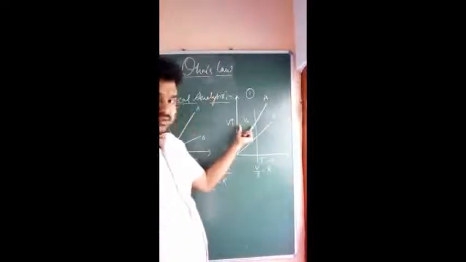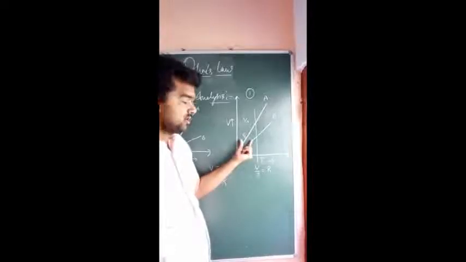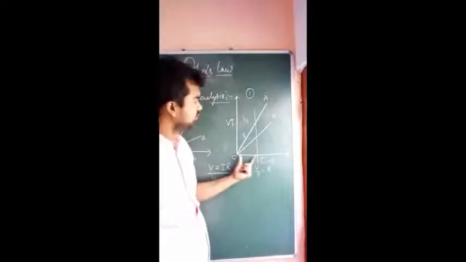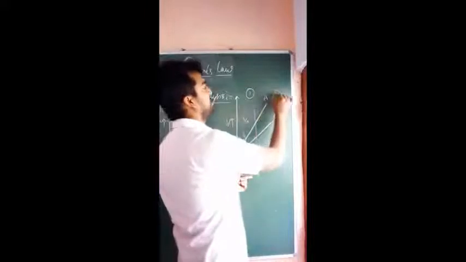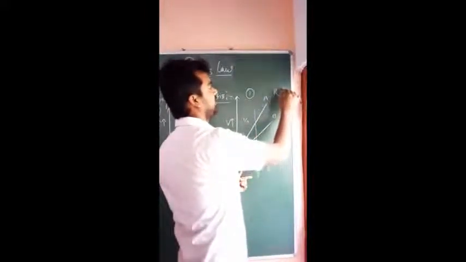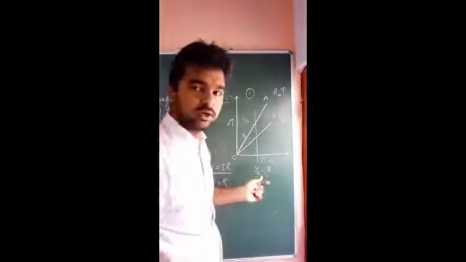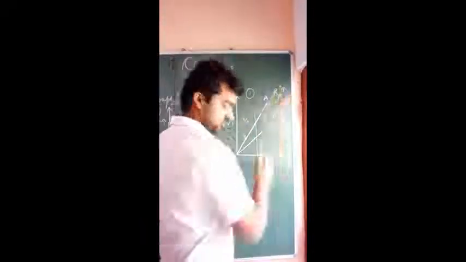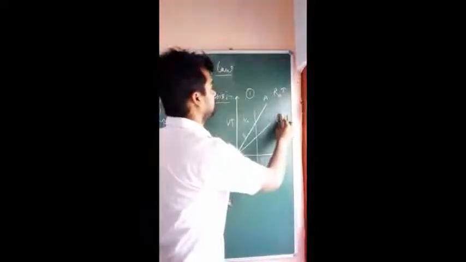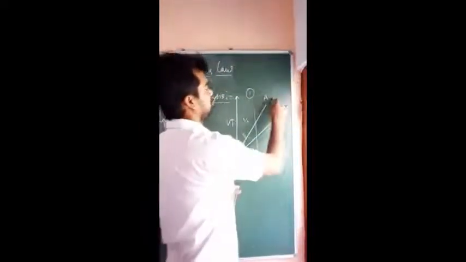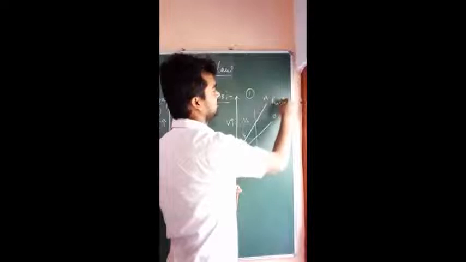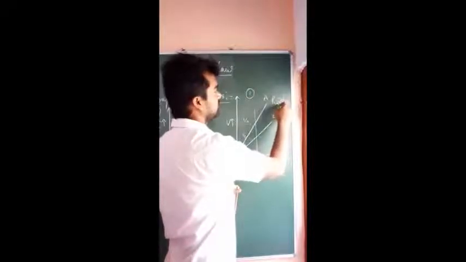So VA is larger than VB for the same amount of current. So we understand that RA will be greater than RB, that is, the resistance of A is greater than the resistance of B.